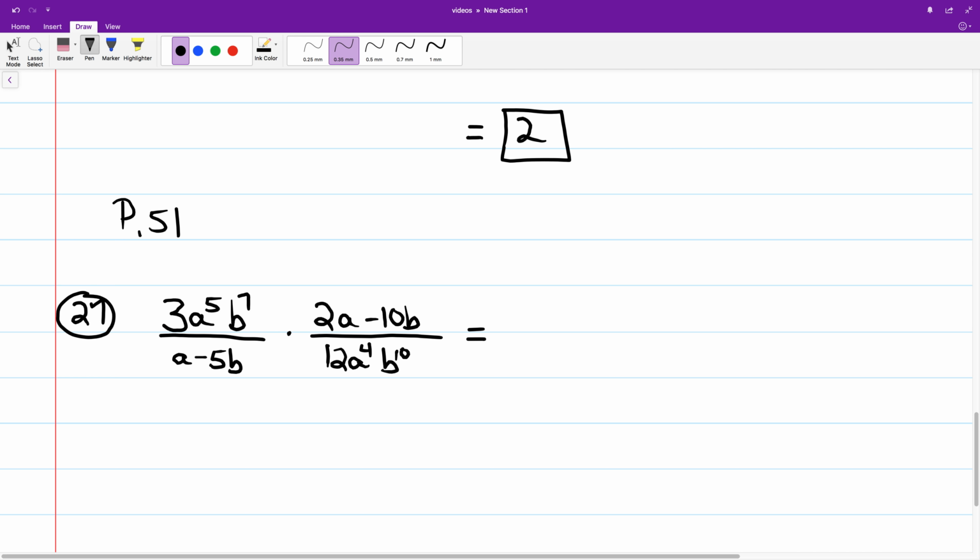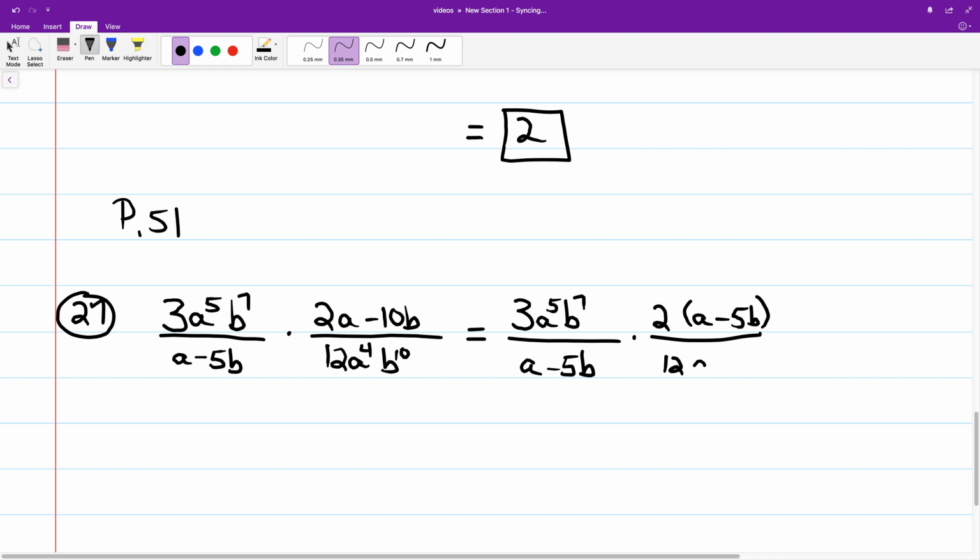And if I take what I have here and put it in factored form, we have 3a to the 5th, b to the 7th, again over a minus 5b. And I have times, again in factored form for the numerator, the greatest common factor is 2, so 2 times the quantity of a minus 5b, over 12a to the 4th, b to the 10th.